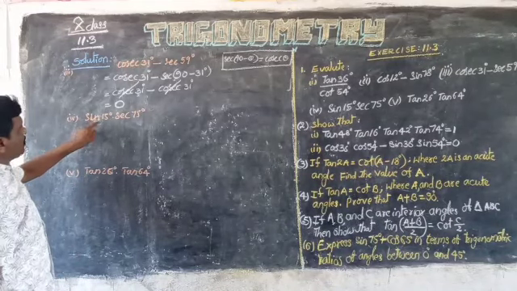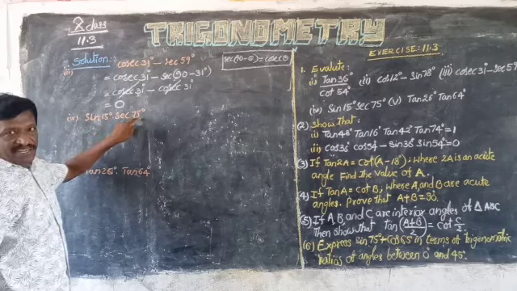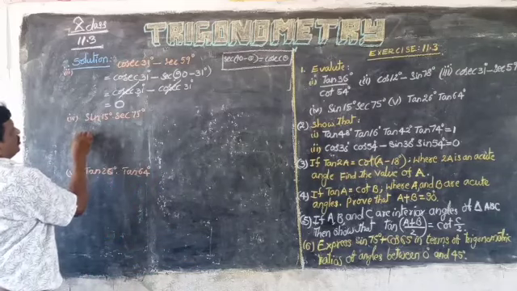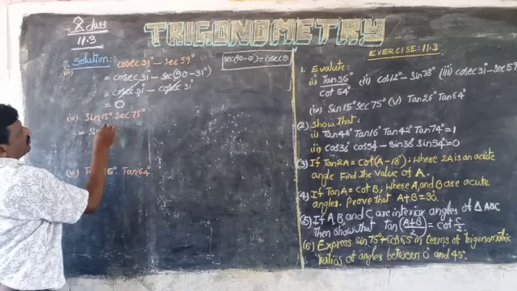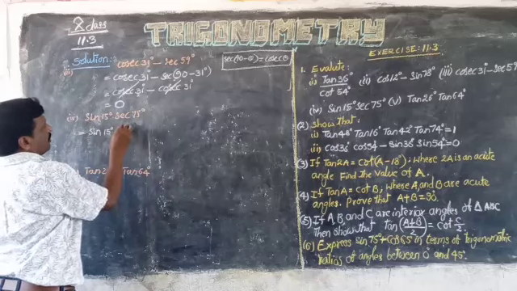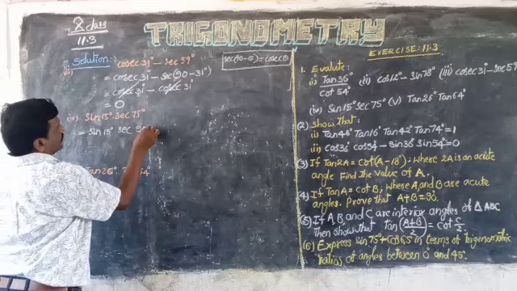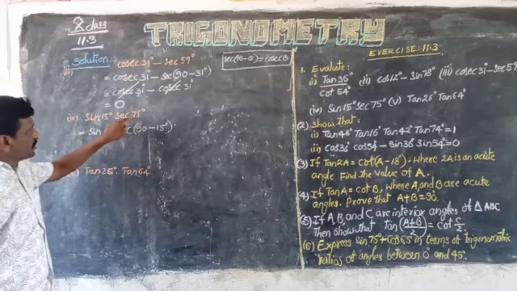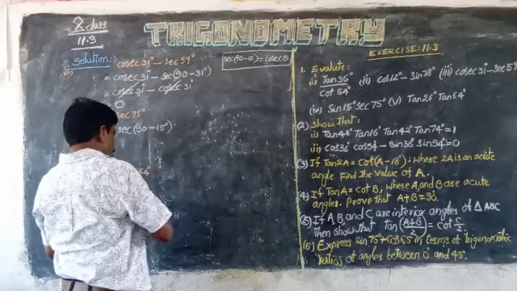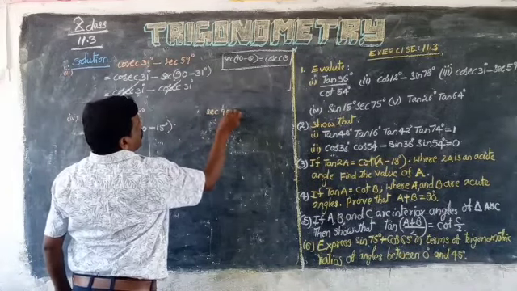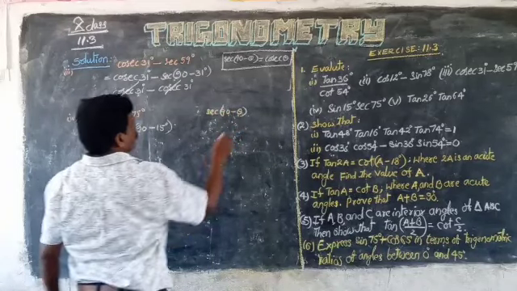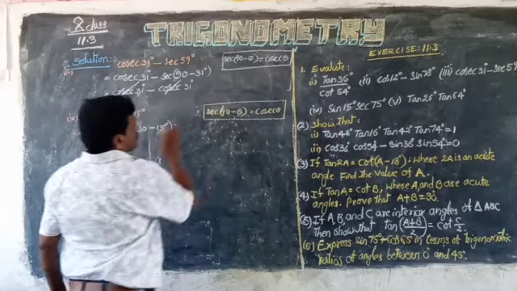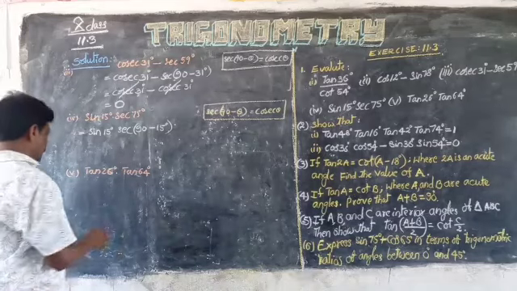Next, sin 15 degrees into secant 75 degrees. Solution: sin 15 degrees, secant 75 is secant 90 minus 15, since 90 minus 15 is 75. Secant 90 minus theta is equal to cosecant theta.